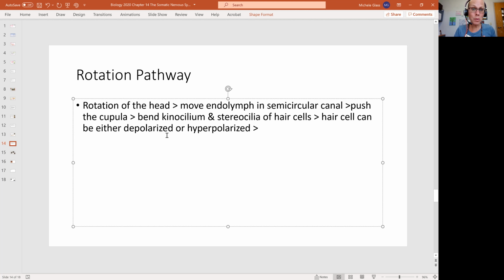When a cell is hyperpolarized, that's becoming more negative. And so that's an inhibition. And so we're going to send the signal onto the sensory neurons, which are going to be making up a portion of the vestibulocochlear nerve.